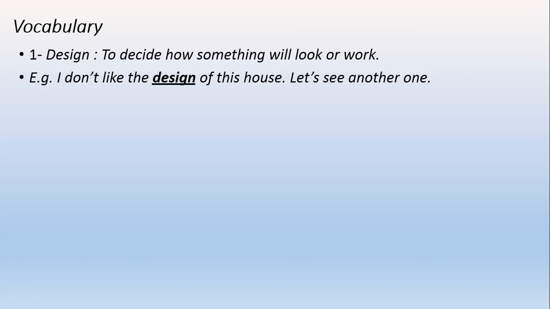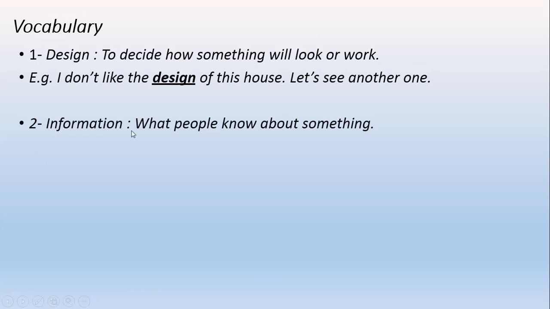Example, I don't like the design of this house. Let's see another one. So design here it means تصميم. تيجي بمعنى تصميم. So I don't like the design of this house. Let's see another one. So again, design means to decide how something will look or work.